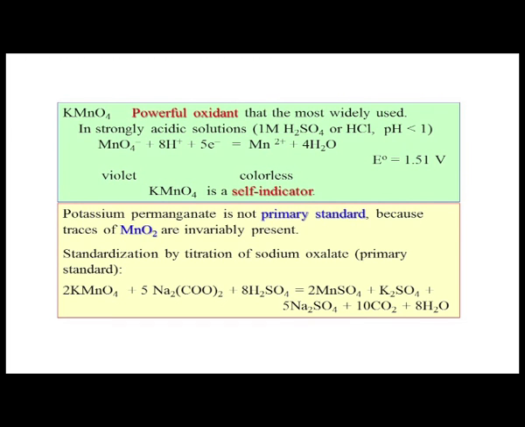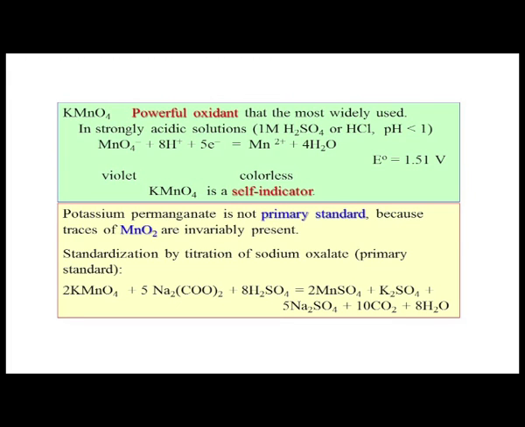So, KMnO4 is a powerful oxidant, used quite often in acidic condition. In acidic condition, the half cell reaction between MnO4 minus and Mn2 plus, that is, manganese in +7 oxidation state going to the bivalent state, gives a specific E0 value. It is highly colored because of charge transfer transitions.